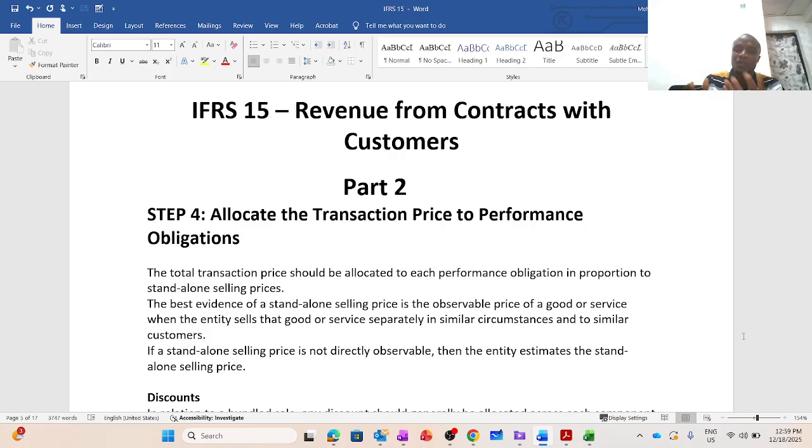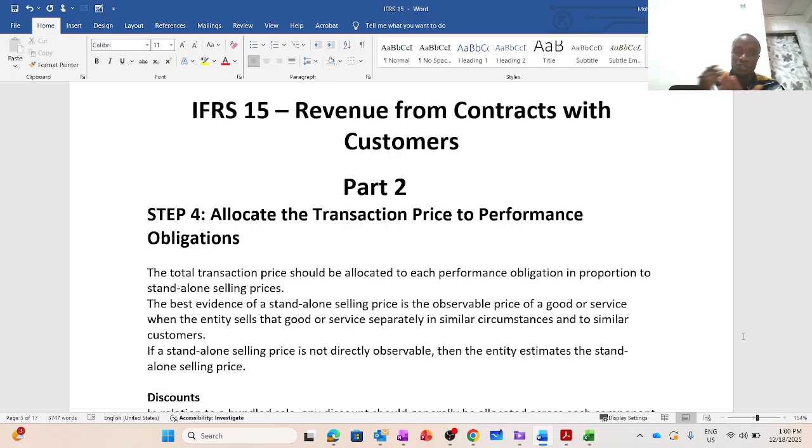Now, what about if the price is not observable? What situation might prompt the standalone selling price not to be observable? Let's assume we are providing a service to our customer, but within the business, for that particular service we don't have a directly observable standalone selling price.